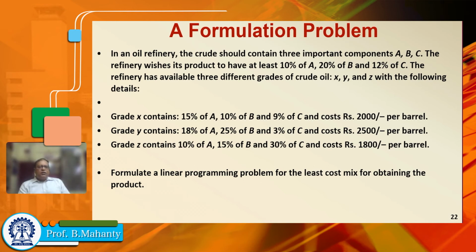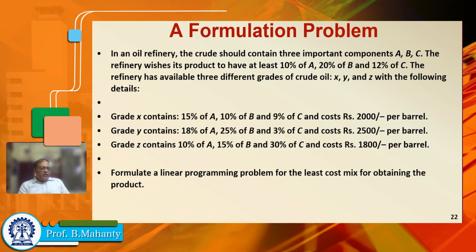So we can assume 1 kg or a particular unit of total, and out of that unity, how much of grade X, grade Y, and grade Z should actually be present.